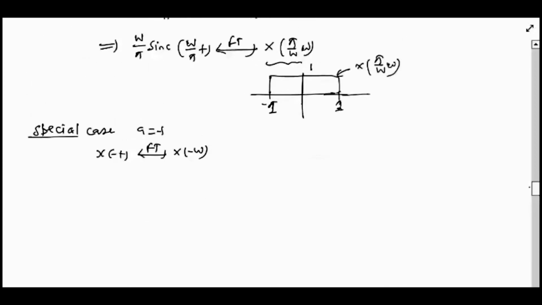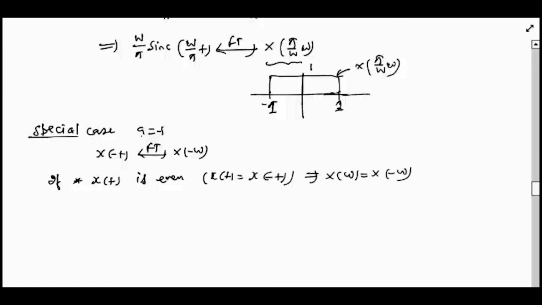Now we can combine this property along with conjugation properties to get some interesting facts. In particular, if x is even, which says that x(t) is equal to x(minus t), then X(minus omega) is the same as X(omega). This follows from the above equation.